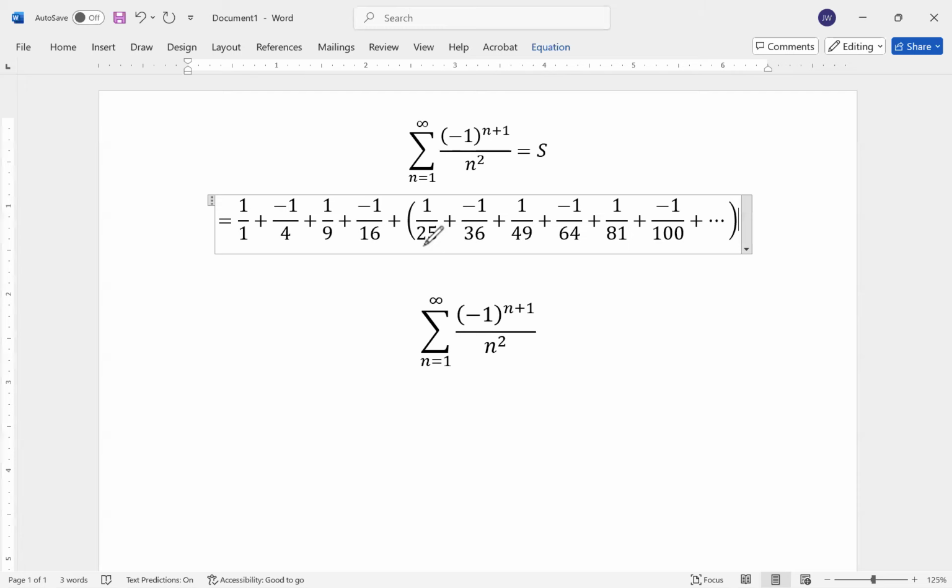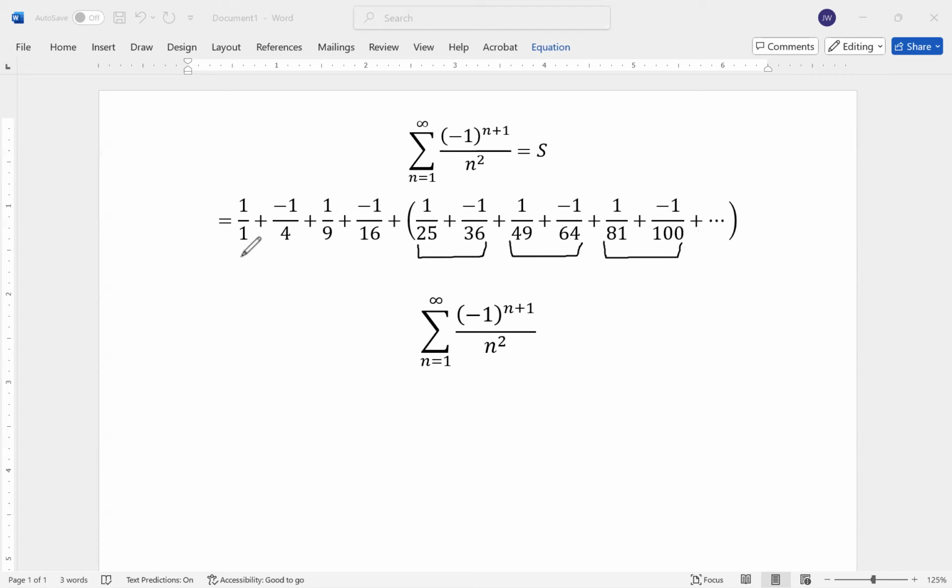The way I know that is that if I combine pairs like this, and I just keep doing that on and on forever, notice that because these terms are decreasing, when you combine the pairs like this, this is going to be positive, this is going to be positive, the next one will be positive, and so on and so forth.